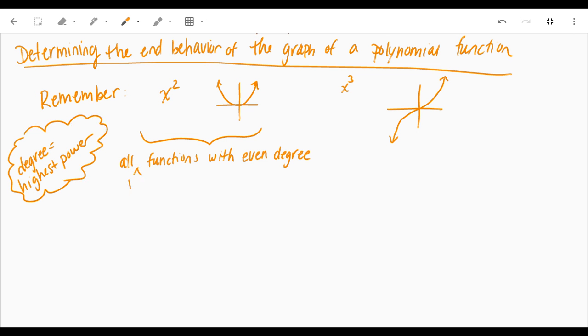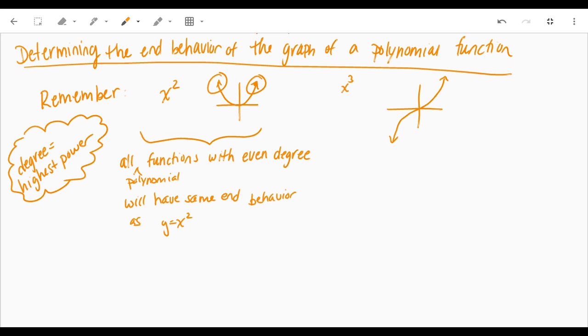With even degree, we'll have the same end behavior as y equals x squared. Okay, and again, we only care about the ends. All right, so there could be a lot of things going on in the middle there, but at the end, we're pointing up in both directions. Okay, or if it's a negative x squared, we're pointing down.